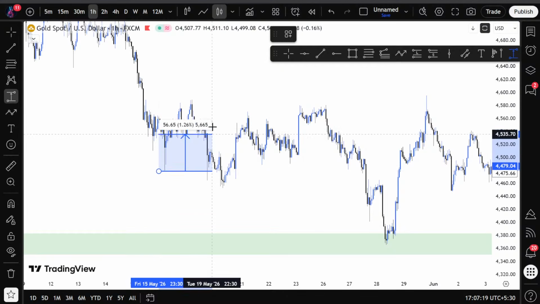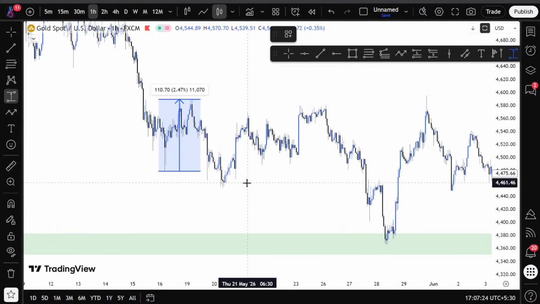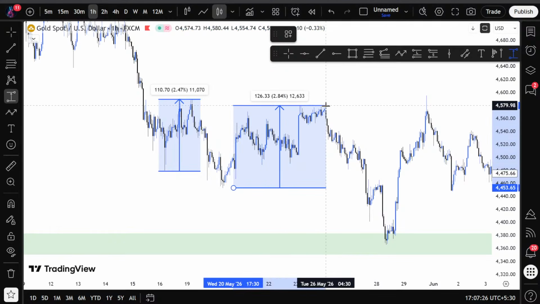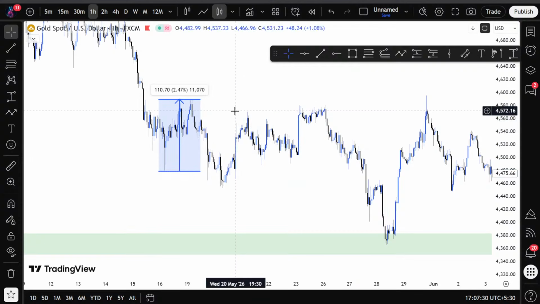Let's check this one. 110. This one. This is much bigger.